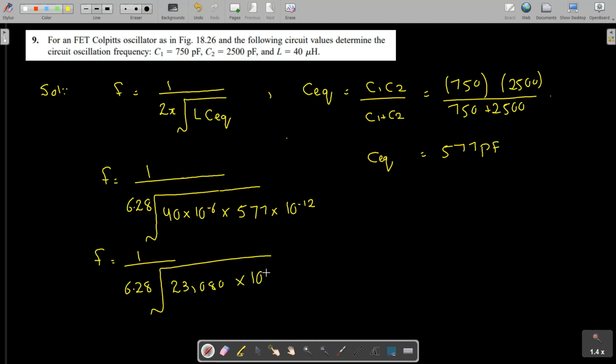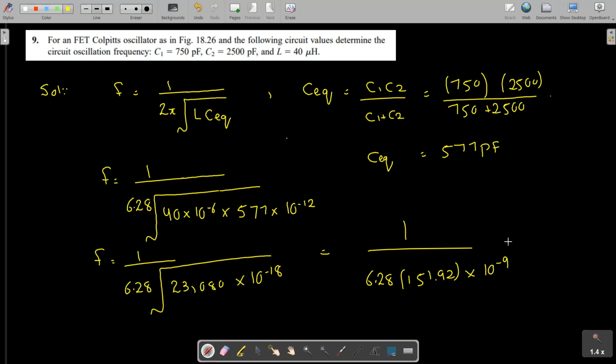We are going to get 10 raised to power minus 18. So we are going to have 1 divided by 6.28, and the under root of 23080 is 151.92. So we are going to have 151.92, and this 10 raised to power minus 18 under root will become 10 raised to power minus 9.